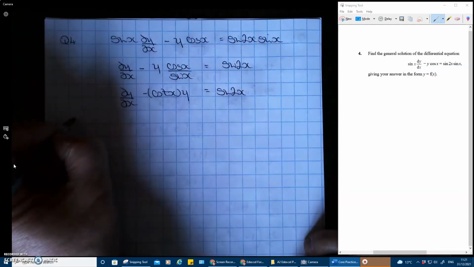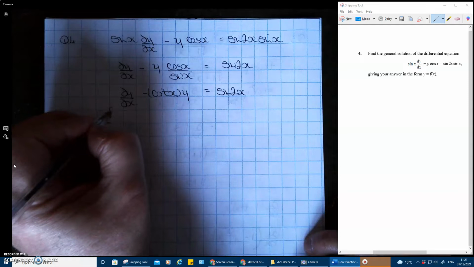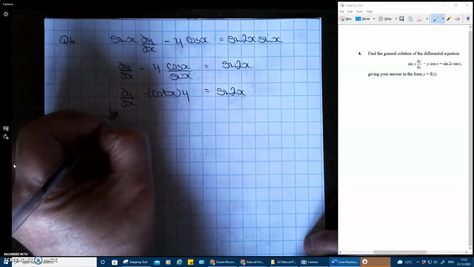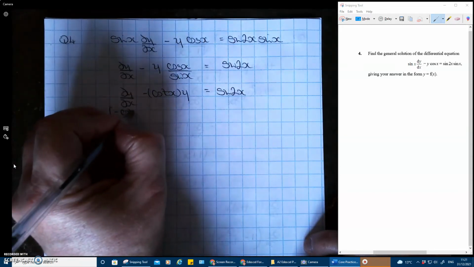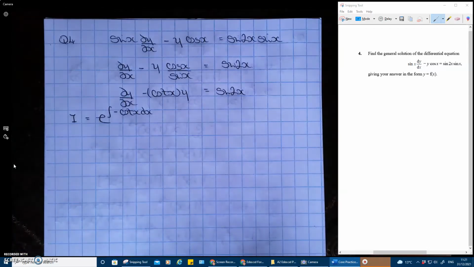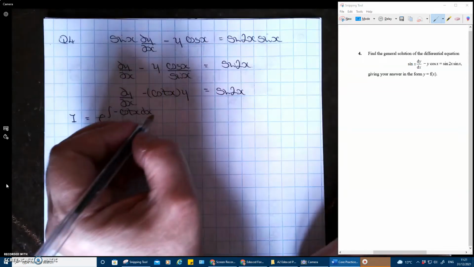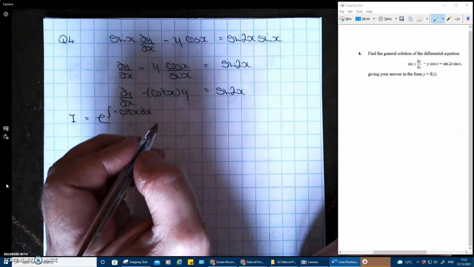So the integrating factor I equals e to the integral of whatever the y term is. In this case it's minus cot x dx. Okay, and the integral of cot x is on the formula sheet, so just again be aware the integral of cot x is log of sine x.